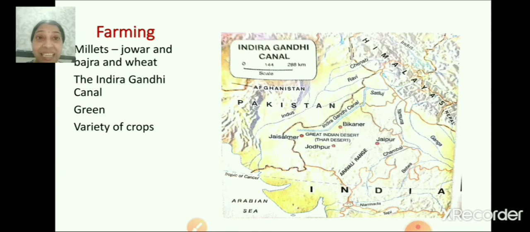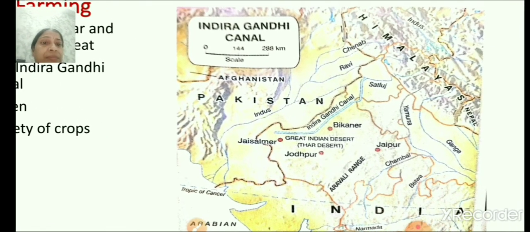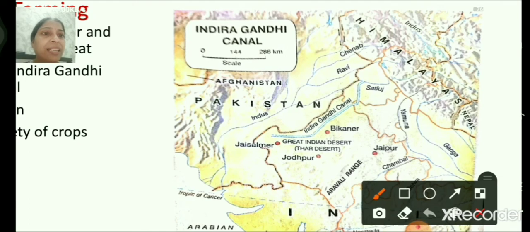Yes, the Indira Gandhi Canal, which starts from which river? Yes, it starts from the Satluj River and provides water to many dry areas of Rajasthan. Okay, just look at the map, children. Here, see, this is the Indira Gandhi Canal, and just see from where it starts.